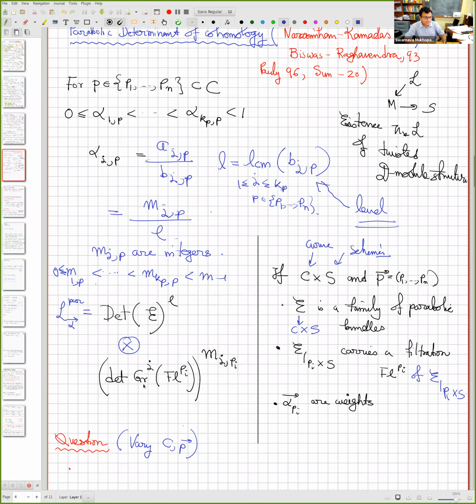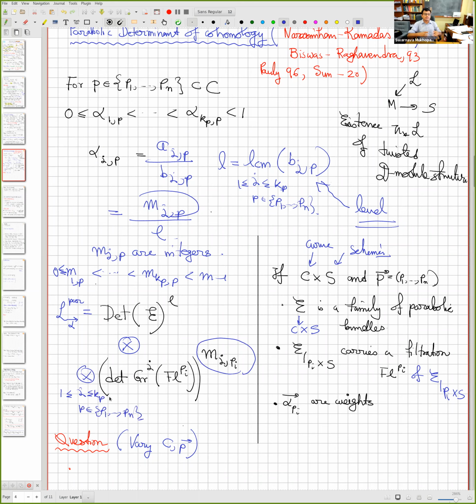That graded piece is a vector bundle, so I can take the determinant and modify it by this particular weight coming from here, and then I take the tensor product over all j from 1 to k_p and over all p in p_1 up to p_n.